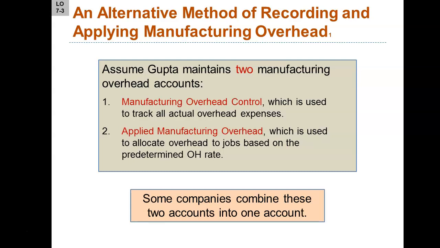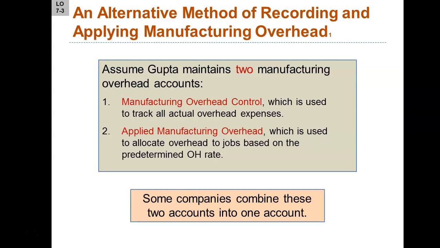Now, they have two overhead accounts, manufacturing overhead and applied overhead. What are the differences between the two? I want to sit here and wait and let you think about it. There are two accounts. One is a manufacturing overhead control, and then one is the applied. In my opinion, I'm going to call the first one the dumping. You dump all your costs in that one overhead control account.